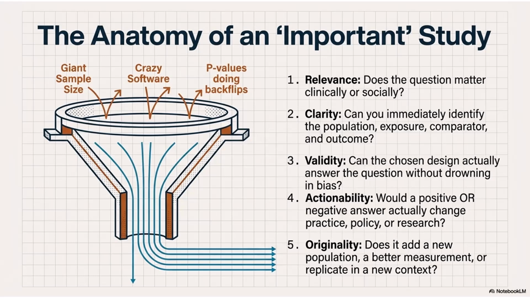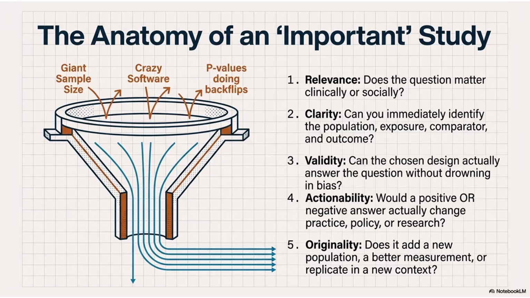No. A good study is important when it answers a question that matters and does so in a way we can trust enough to act on. For this opening lecture, I would define importance using 5 filters. Relevance. So, does the question matter clinically, scientifically, or socially? A question can be statistically elegant, but useless, right?